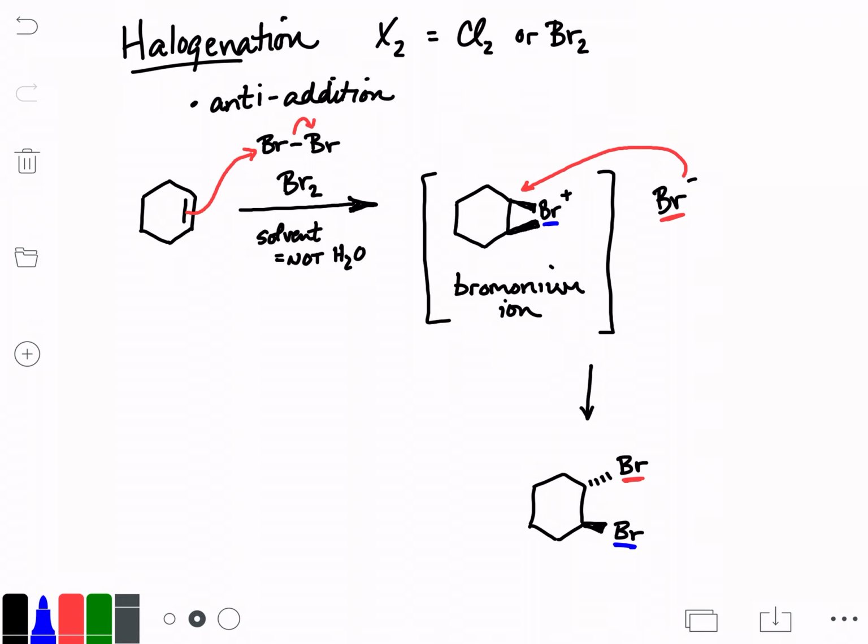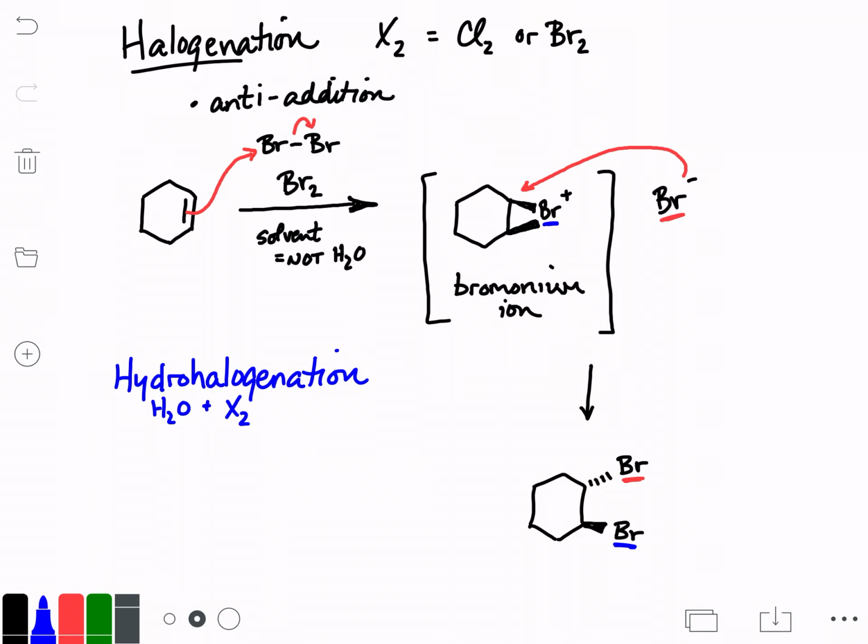Well, what happens if we had water in the mix? I said earlier that for a proper halogenation, we can't have water around. If we do have water around, it's sometimes called a hydrohalogenation. So water and X2.